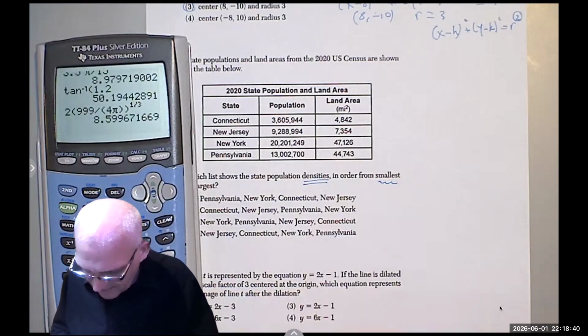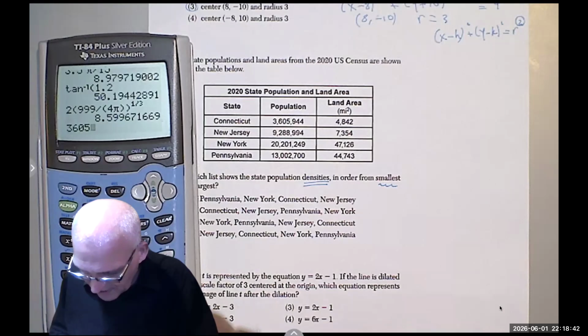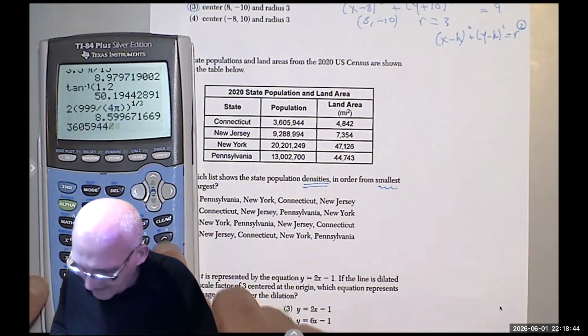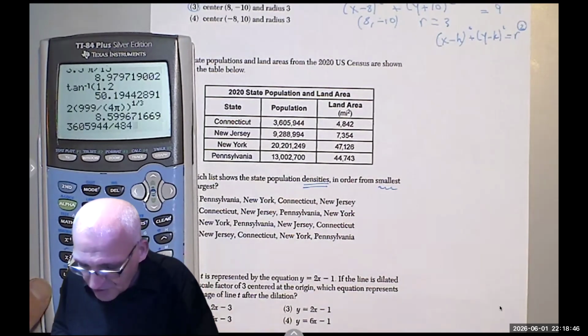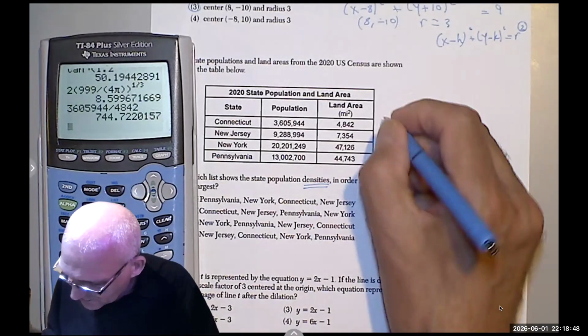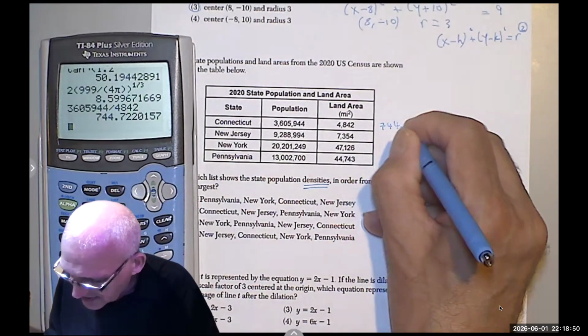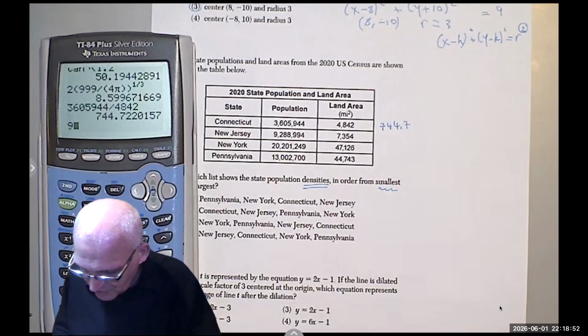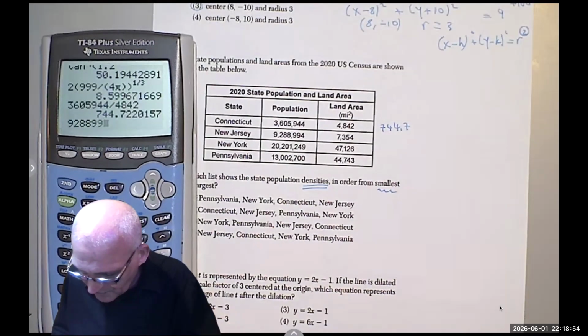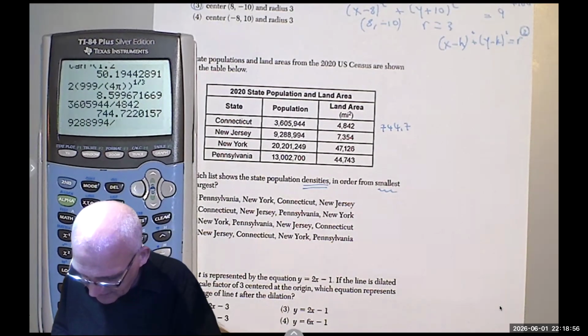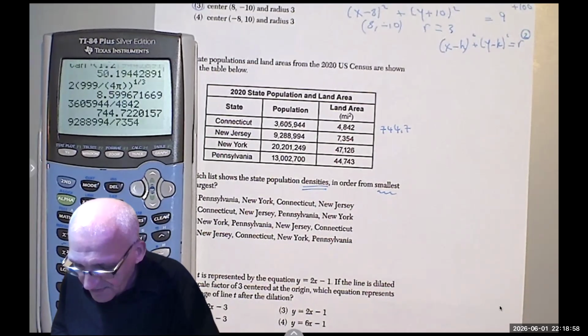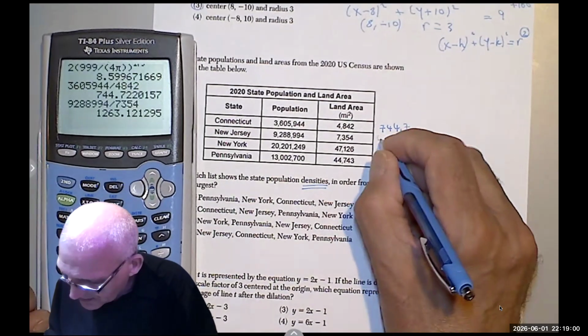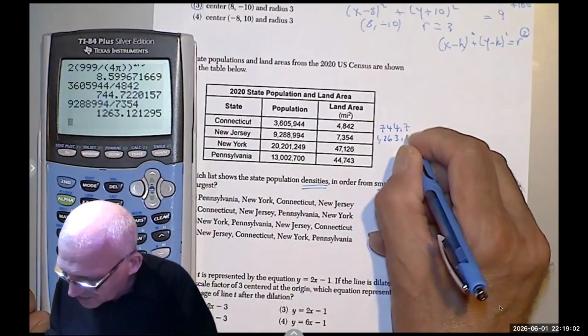So I'm going to divide 3,605,944 divided by 4842. I get 744.7. Okay, 9288994 divided by 7354 is 1,263.1.